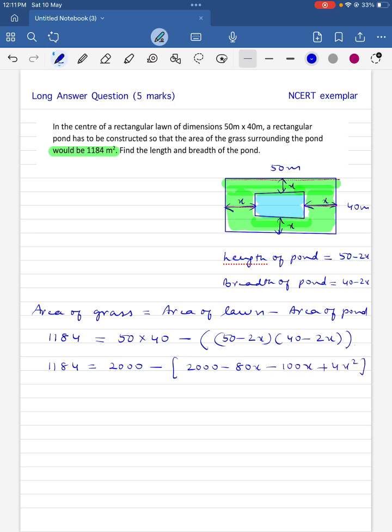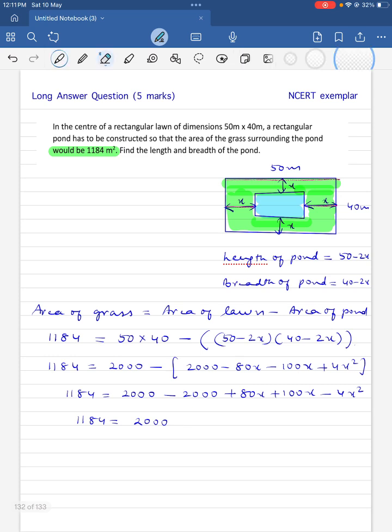So 1184 would be equal to 2000 minus 2000 plus 80x plus 100x minus 4x squared. The 2000 and minus 2000 gets cancelled away. 80x plus 100x would give you 180x and minus 4x squared.